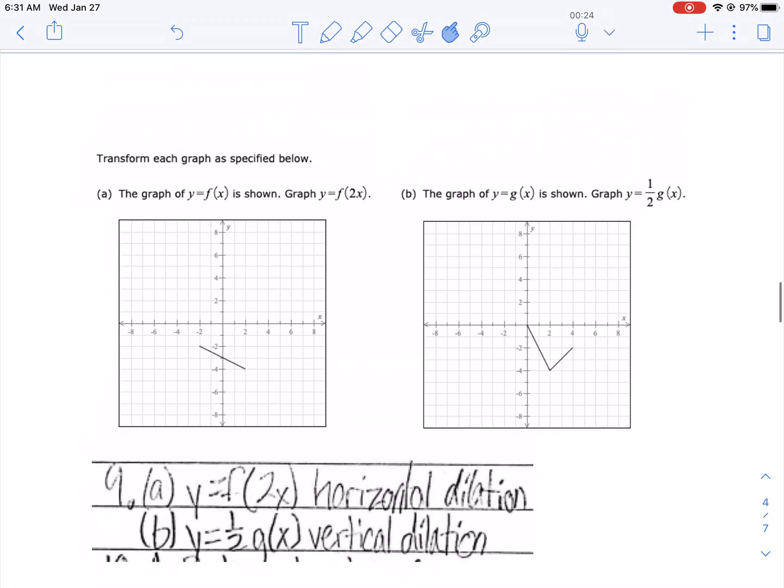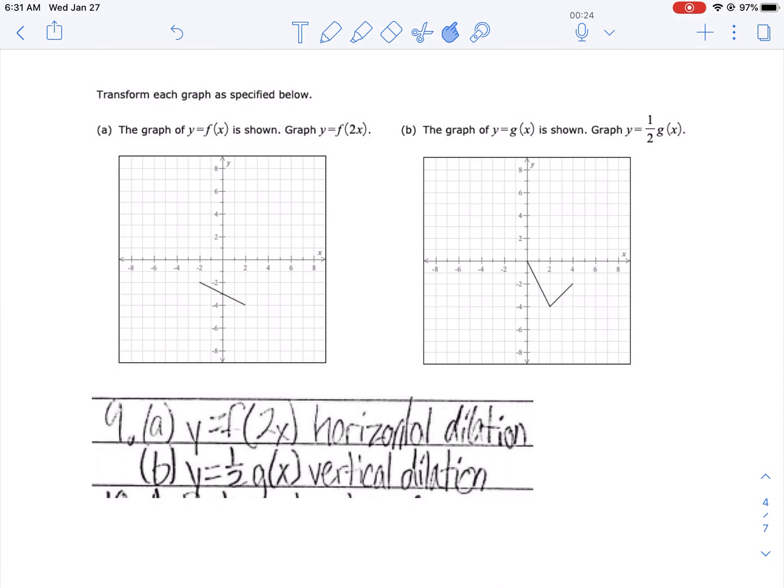Okay, you misinterpreted this on question number 9. Your work is correct, I should say, but you misapplied that work. So on part A, I'm doing a horizontal dilation, so I'm looking at my x's. Remember, inside the parentheses, when you do horizontal, it's always a reciprocal. So I'm going to divide by 2.